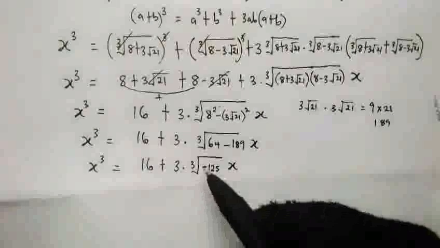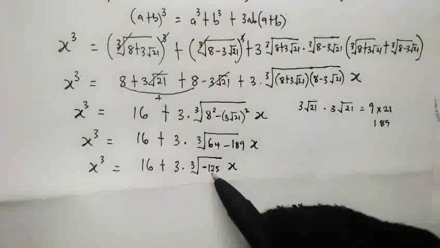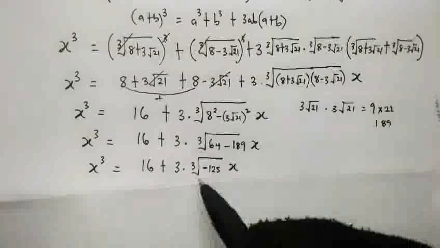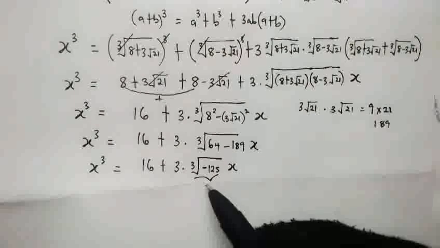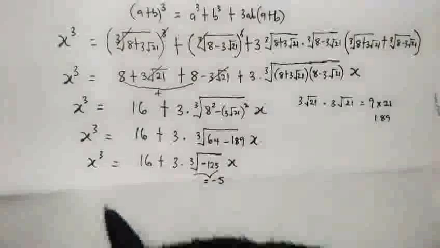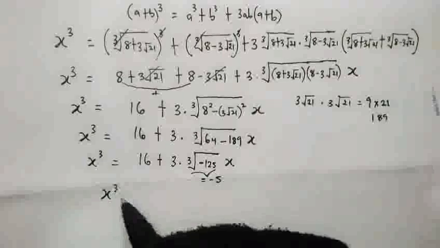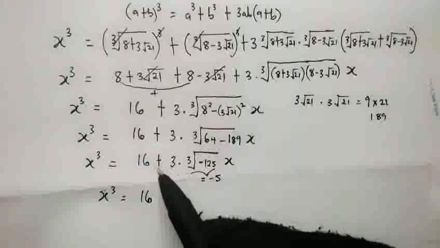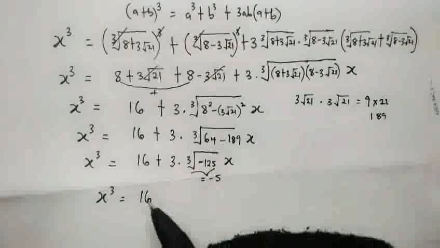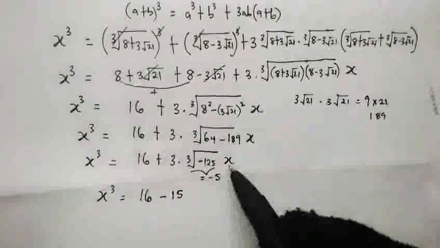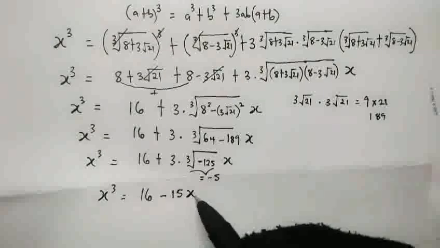We all know that the cube root of negative 125 is going to give us negative 5, right? So right over here we have this to be equal to negative 5. So here we have x cubed is equal to 16 plus 3 times negative 5, which is going to give us negative 15. And do not forget we have x here.